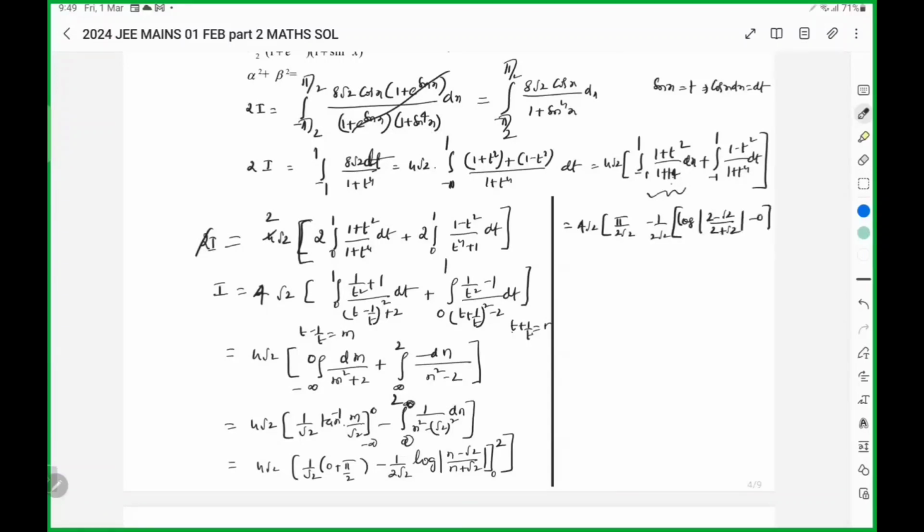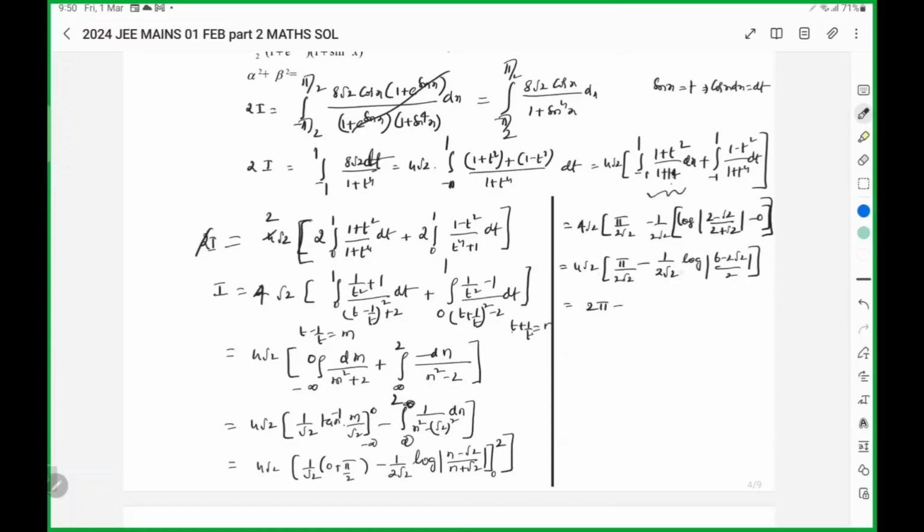Log 1 you get, which is 0. Here it is 1 by 2 root 2 log 2 plus root 2. If you multiply it, 6 minus 2 root 2 by this.